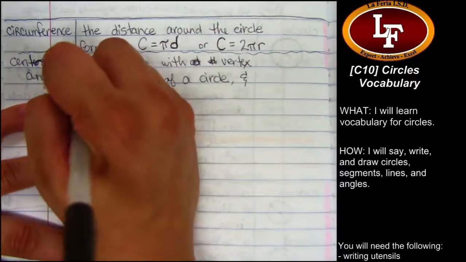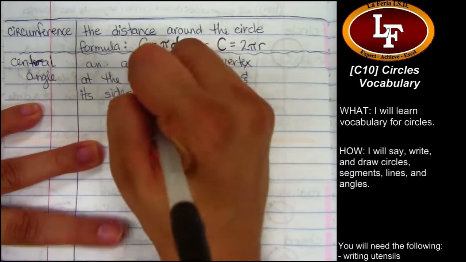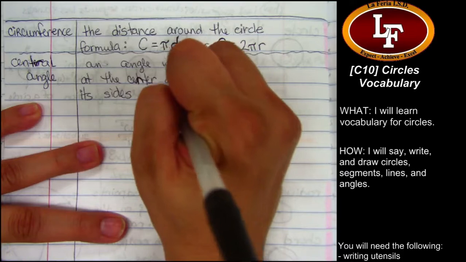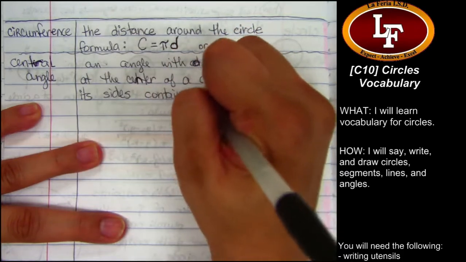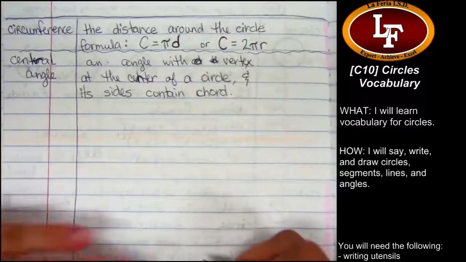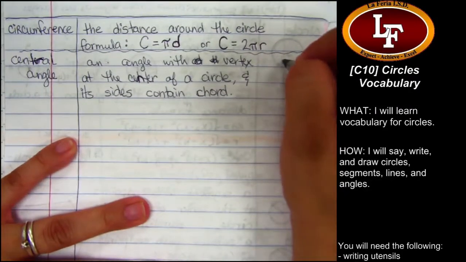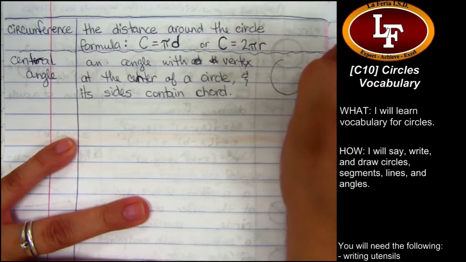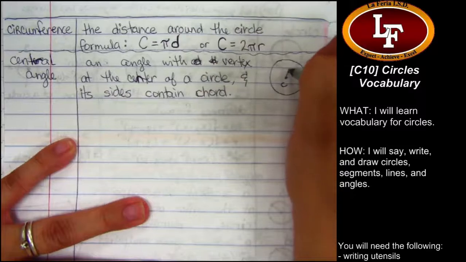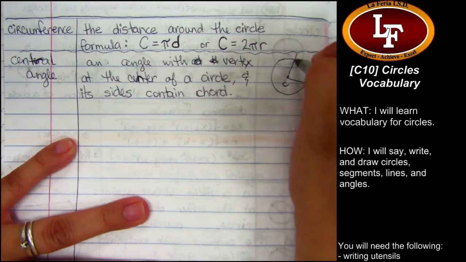And the sides of this angle, both sides, are going to contain chords. So go back to remind yourself what a chord is. A chord is a segment where the endpoints are on the edges of the circle. And so the central angle is going to look something like this. I have this circle C, and I have two chords like this, and so this is the central angle.